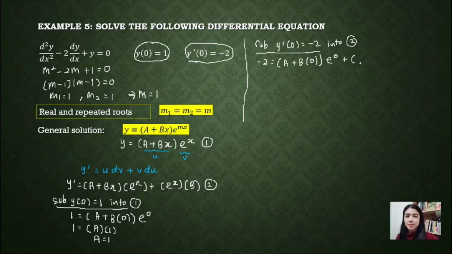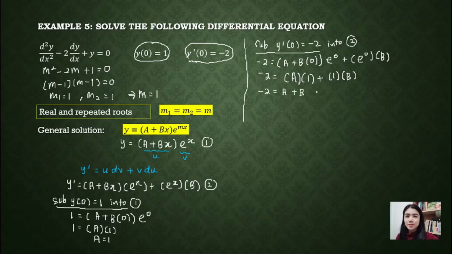Plus e to the power of x multiplied with b. Okay, let's just simplify the right hand side. If you simplify the right hand side, I would have a plus b multiplied with 0 is 0. So we have a only, multiplied with e to the power of 0 is 1, and you have b here. So you simplify, you have negative 2 equal to a plus b.